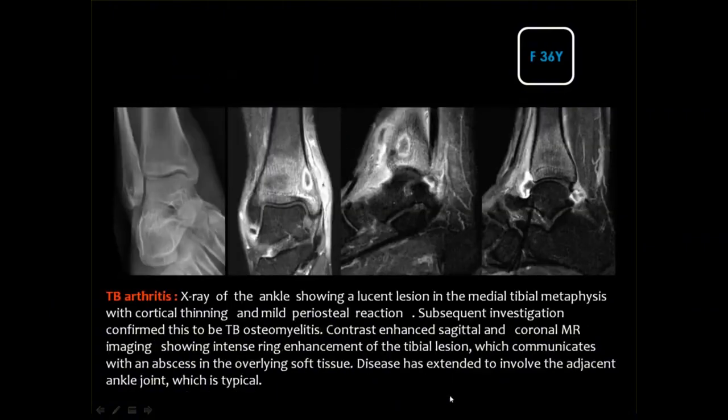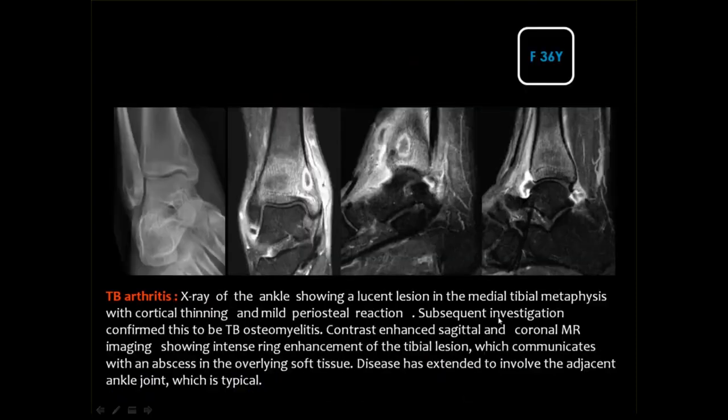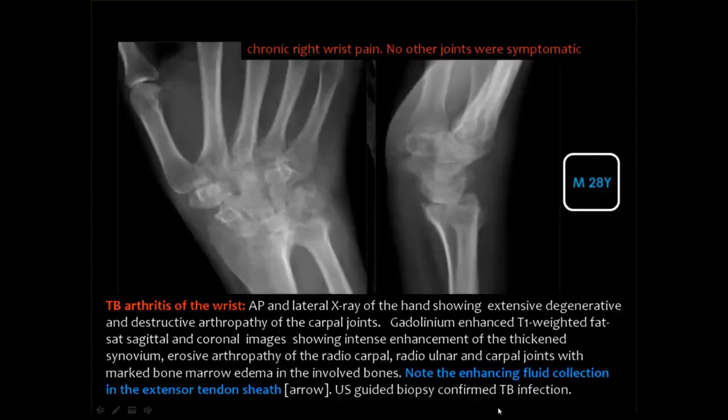And this is an example of TB arthritis of the ankle joint, where you get the lesion in the distal part of the tibia, and inflammation of the synovium of the ankle, as well as inflammation of the surrounding soft tissues.